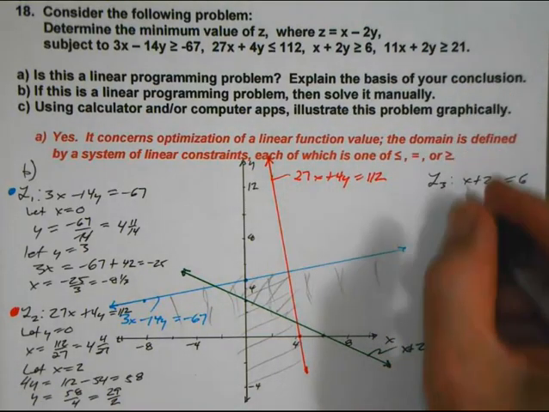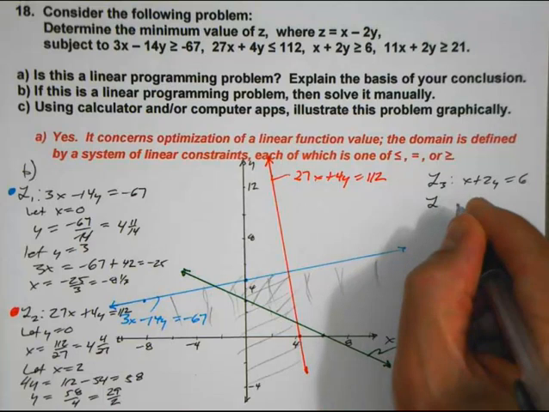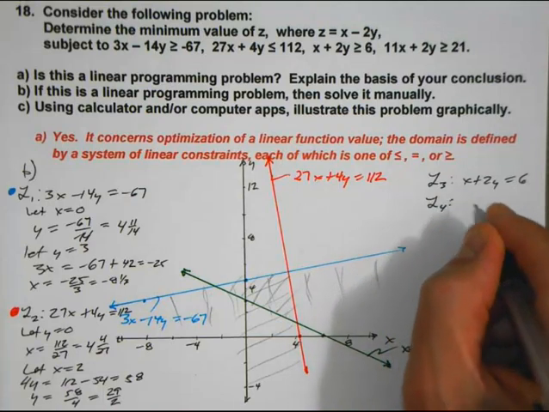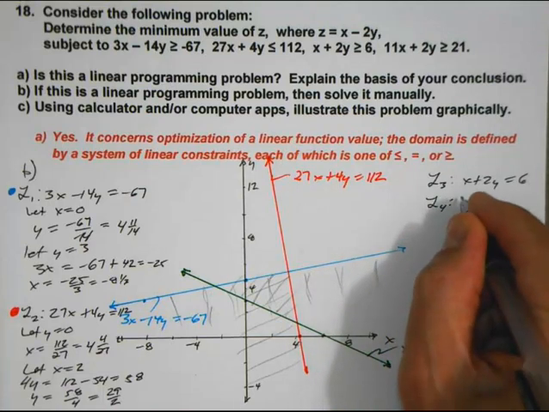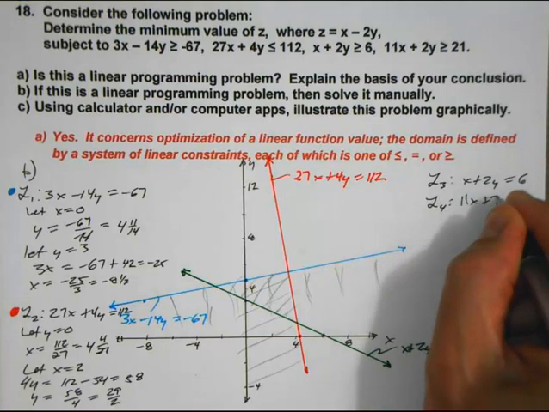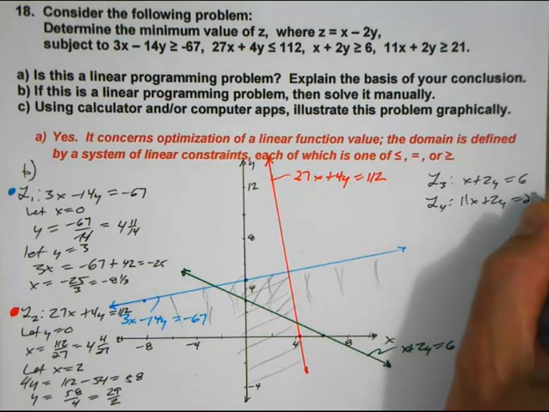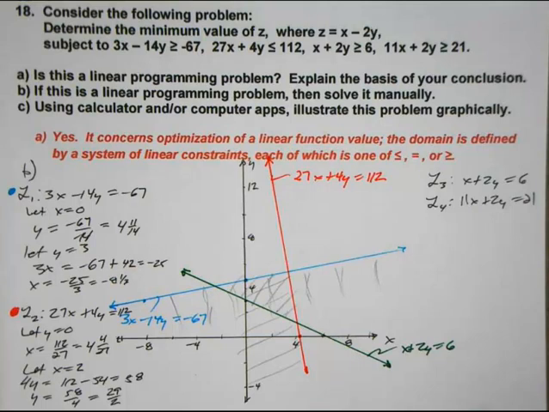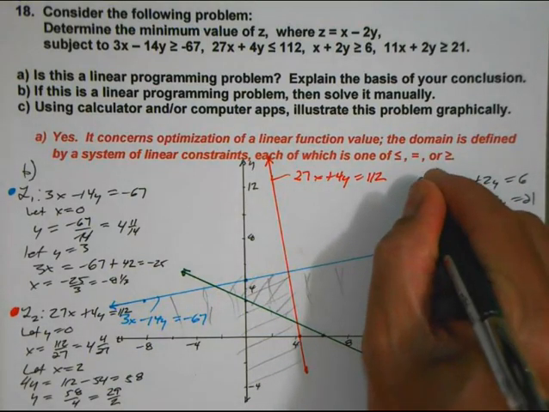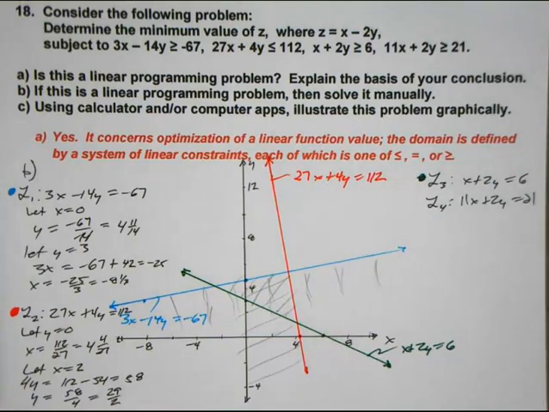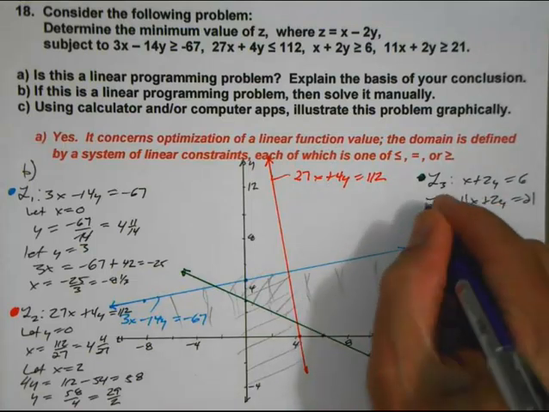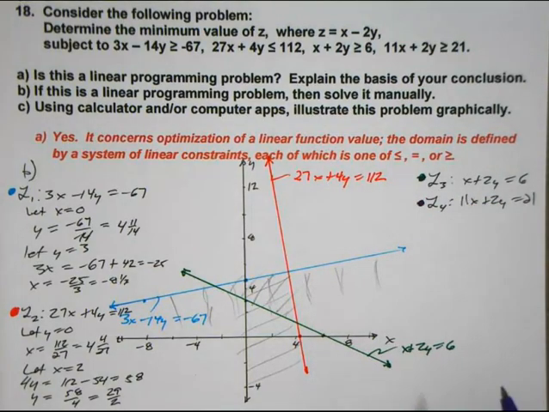Okay, this one here. Let's get the boundary line, call it L4, and that's a matter of graphing 11x plus 2y equaling 21. Okay, maybe we can get the intercepts here pretty easily. Let's see, first of all, to be consistent getting our legend, this was a green, and now let's go to a purple for the L4.